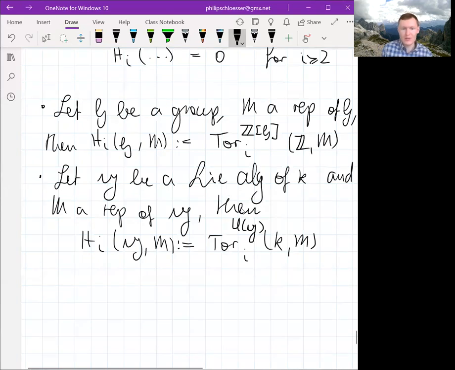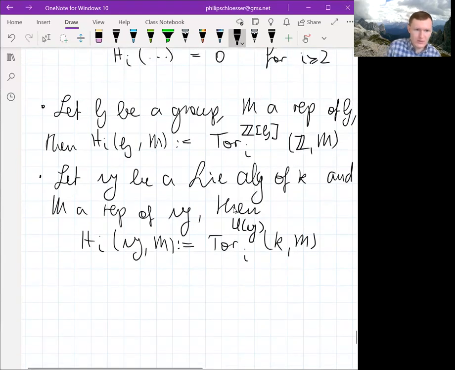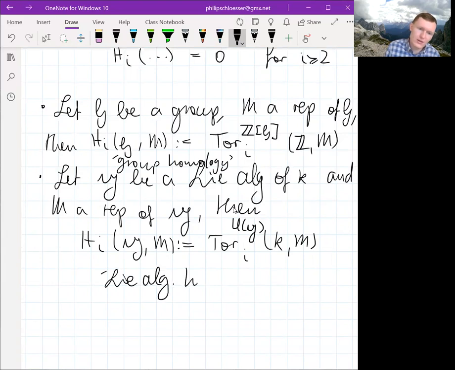Again, by trivial action, we can turn K into a UG module, and since M is a representation of G, we can extend that representation to be a UG module. This is called group homology, and this is called Lie algebra homology.